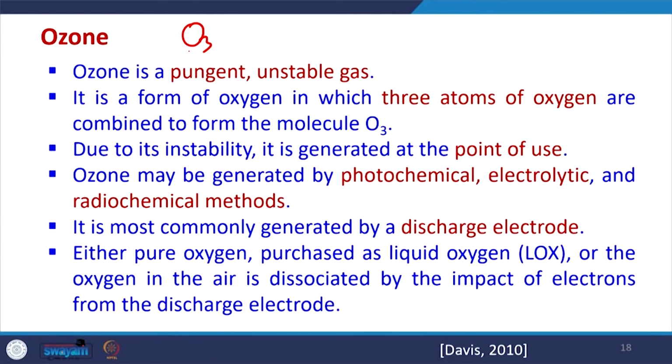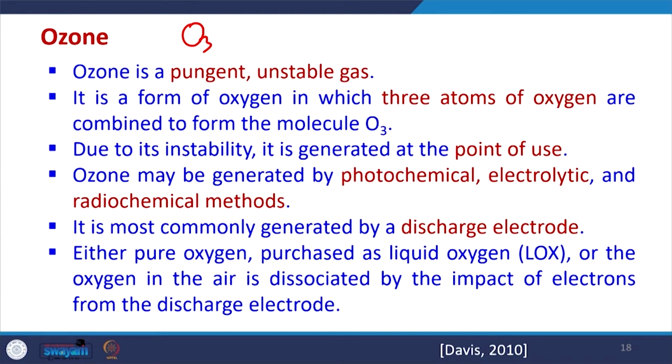Now, going further, ozone is also one of the chemicals or gases used for disinfection. The good thing about ozone, O3, is that it is generally considered a very good compound because the ozone layer saves us from ultraviolet radiation coming from the sun.